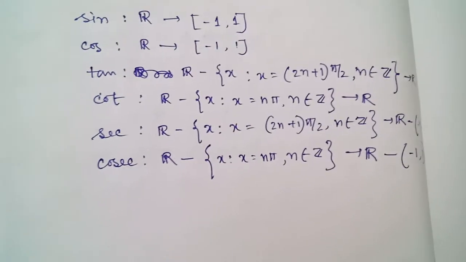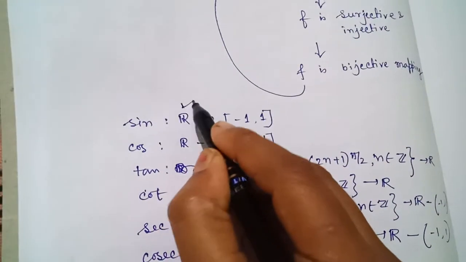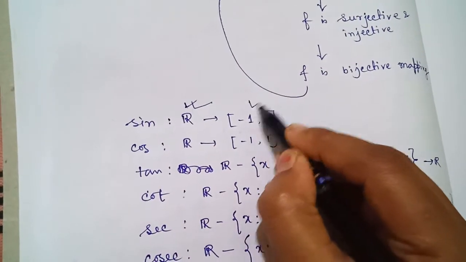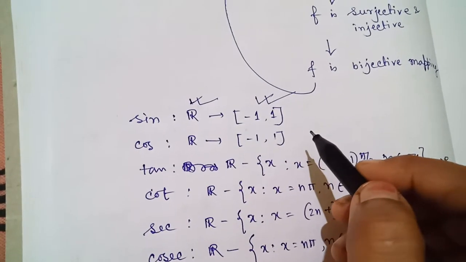Now let us take the sine function only. What is its domain? Its domain is R and its range is [-1, 1].